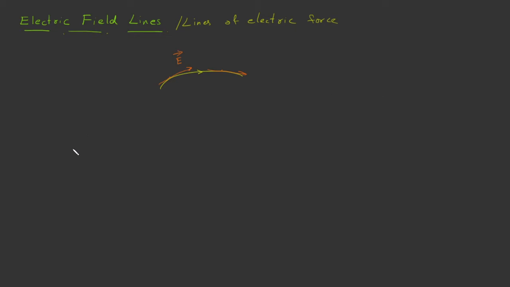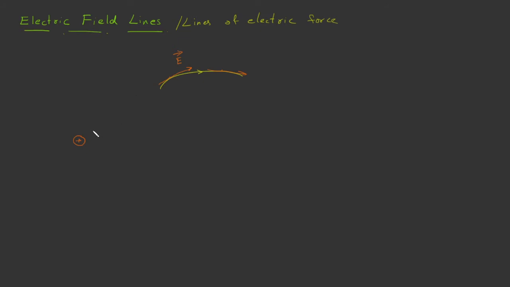So first we are going to draw electric field lines for a positive charge. Consider a positive charge Q placed here. We know the electric field is radially outward for a positive point charge.